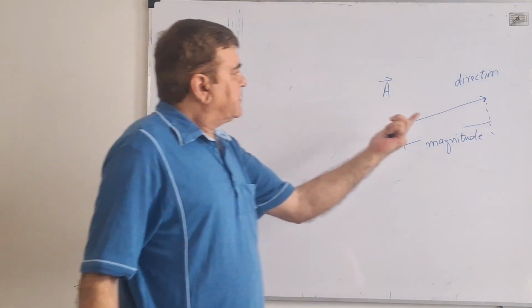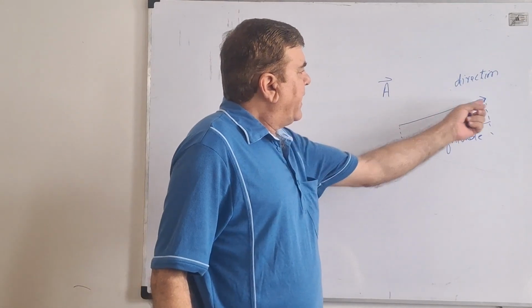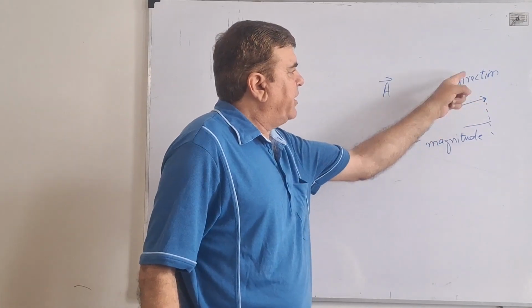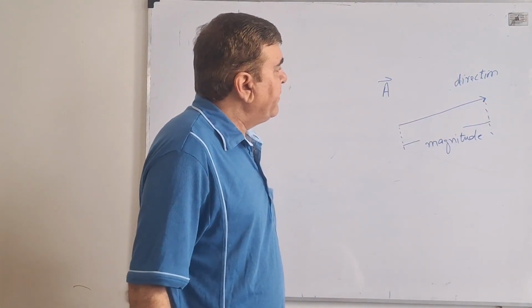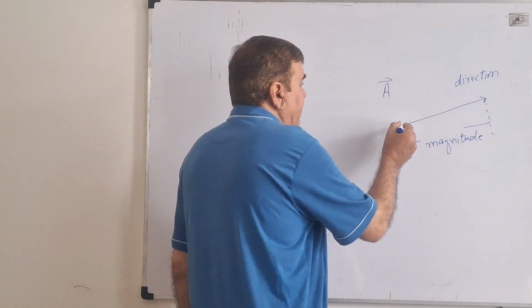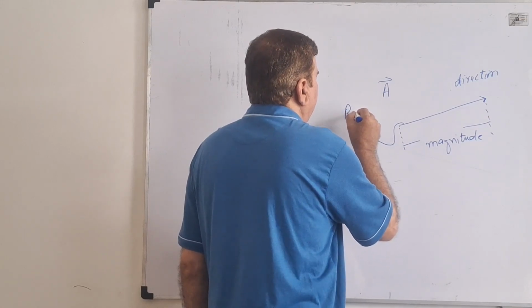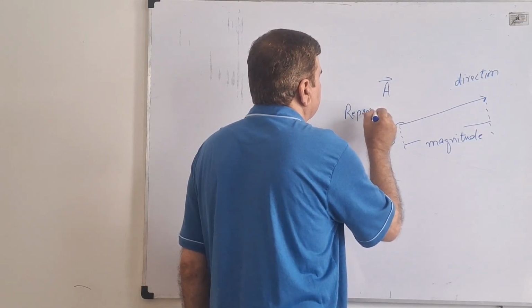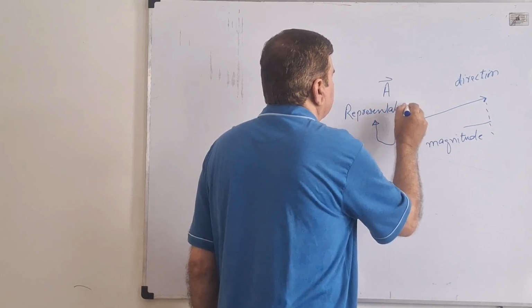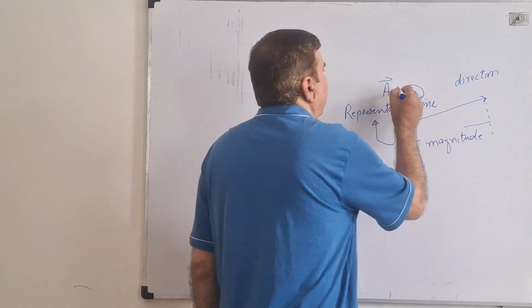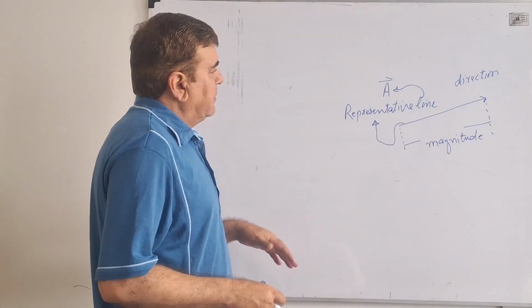So a vector is graphically represented with a line and with an arrowhead. The line represents magnitude, the arrowhead represents direction. Now this line is called the representative line of vector A.